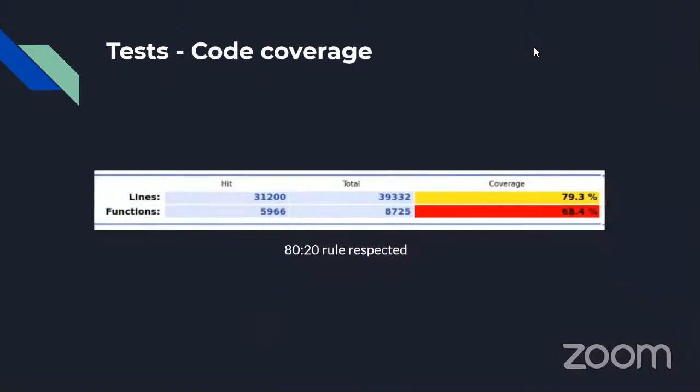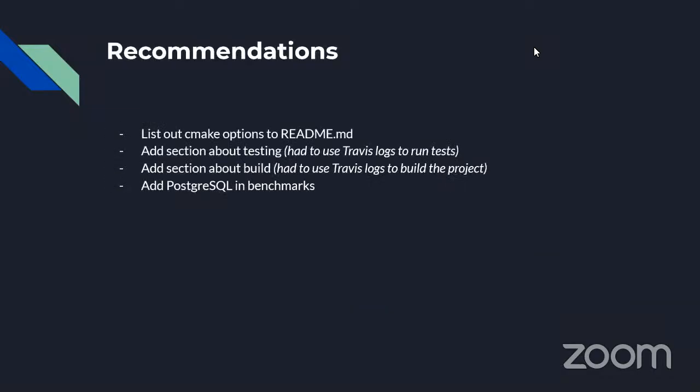Okay, go forward. Yeah, we've done the coverage, and it's pretty good coverage since it satisfies the 80-20 rule. So it's okay, nice. And here is a list of overall recommendations from us about the project.